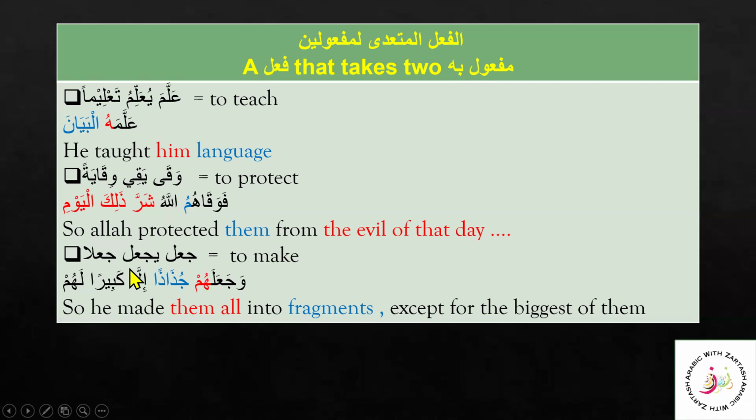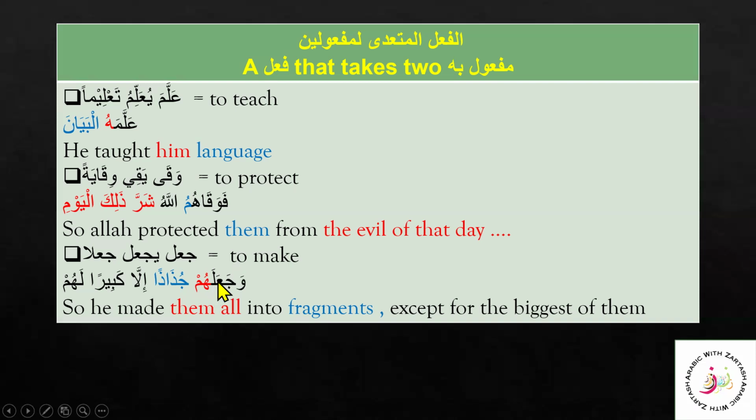Ja'ala yaj'alu ja'lan, to make. وَجَعَلَهُمْ جُذَاذًا إِلَّا كَبِيرًا لَهُمْ. Now in this example, again we have an attached pronoun that will be the first maf'ul bihi. The other maf'ul bihi is in the nasab state, as you can clearly see the fathas. And we know that all the attached pronouns, when they attach with the fi'l, are always the maf'ul bihi of that sentence.